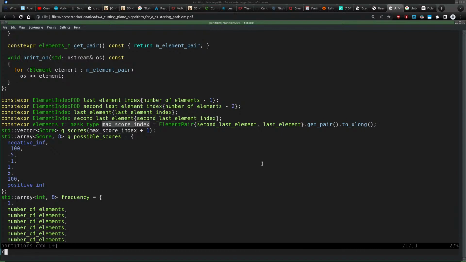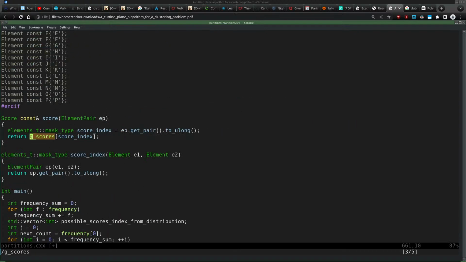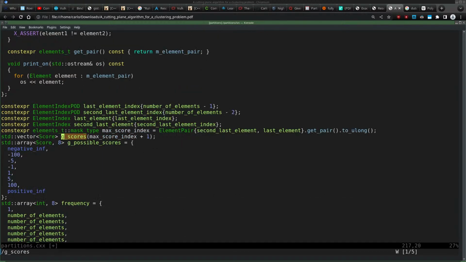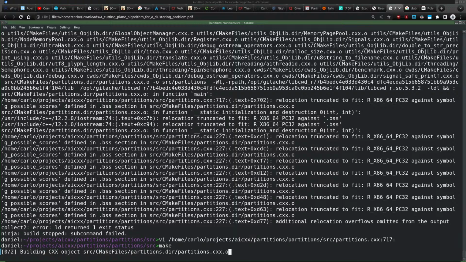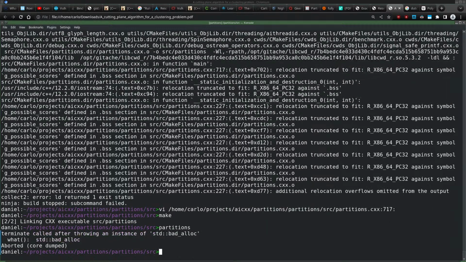That should allocate it on the heap. For the rest it's basically the same thing. It's still slightly too big.